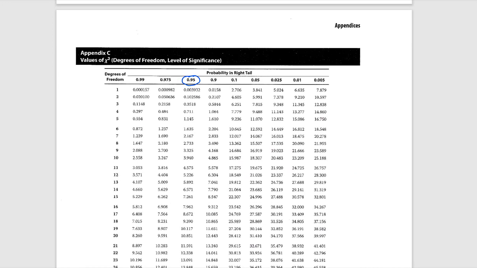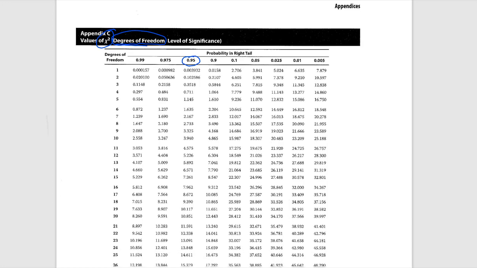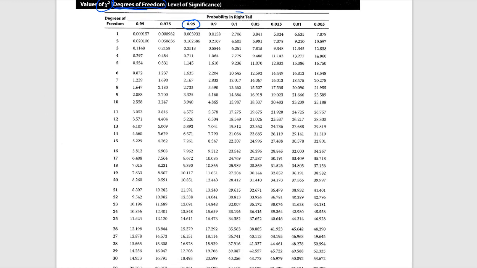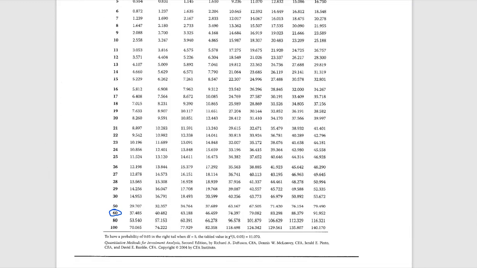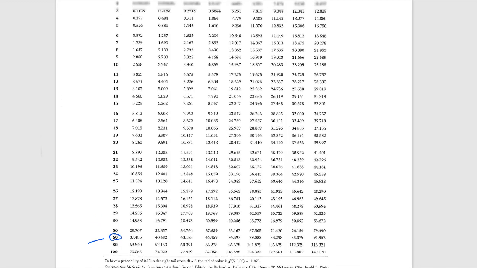And here we are. So this is the chi table. Notice it asks for the degrees of freedom and the level of significance. The level of significance was 5%, so it led to a probability in the right tail of 95. And the degree of freedom was 59, so the closest value we find is 60.